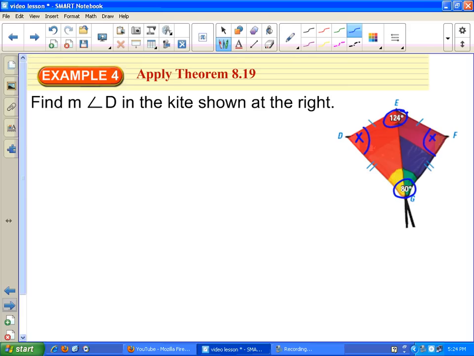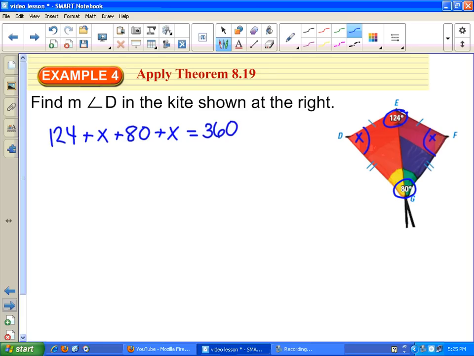So we're just going to go 124 plus x plus 80 plus x. Those four angles have to equal 360 degrees, because it's a four-sided figure, a quadrilateral.